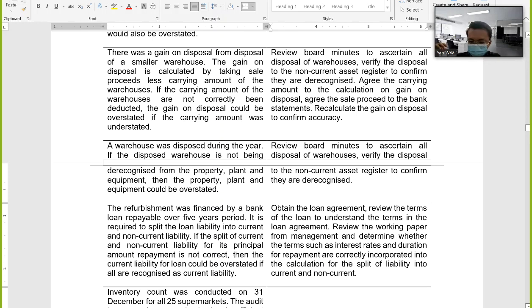Okay. So the terms are correctly taken into account for the calculation.